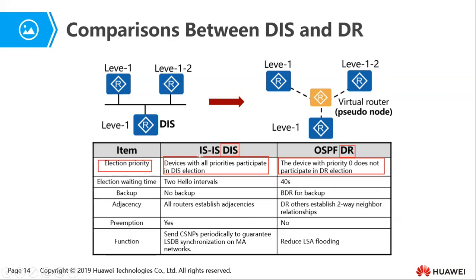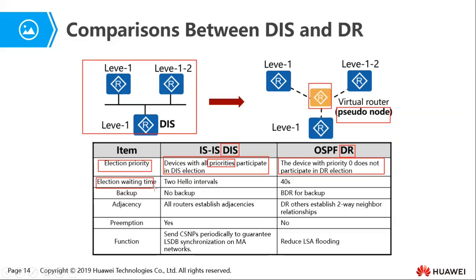So if the router priorities are the same, then the router with the highest MAC address is elected as the DIS. Just like in OSPF, a router that becomes a DIS creates a virtual router, what we call a pseudonode, which acts as the central point of communication between all the routers in that particular network segment. So the functions of a DR in OSPF are very similar to the functions of a DIS in IS-IS.